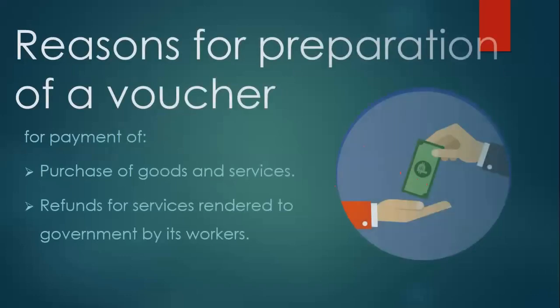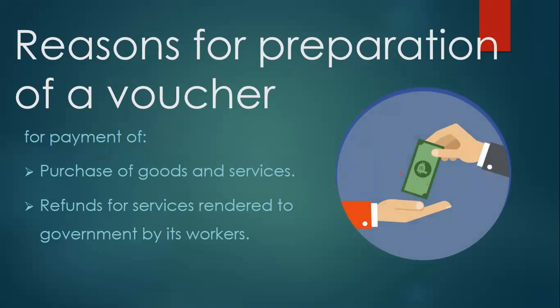If we go back to the slide about the reason for preparing, we have said it's about the purchase of goods and services. And for purchase of goods and services, automatically we go to procurement. If we are purchasing things the government way, we have to use the procurement method.